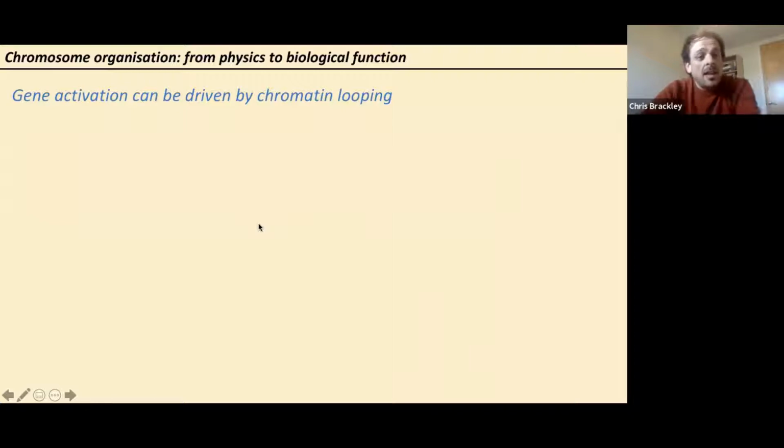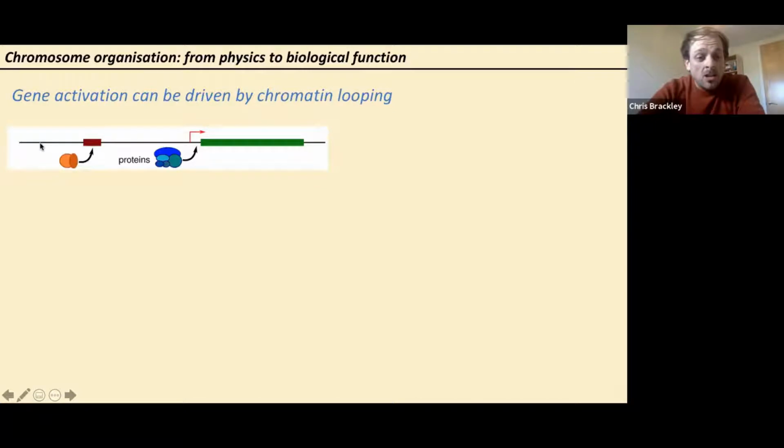Okay, so I said that chromosome organization has a functional role, in particular in gene regulation. One way in which that is true is that gene activation can often be driven by chromatin looping, so loops forming in the chromosomes. So how does this work?